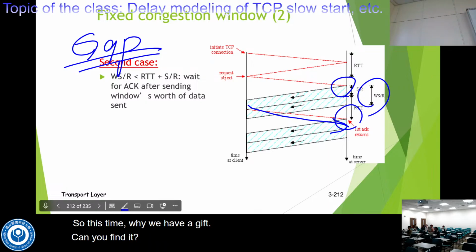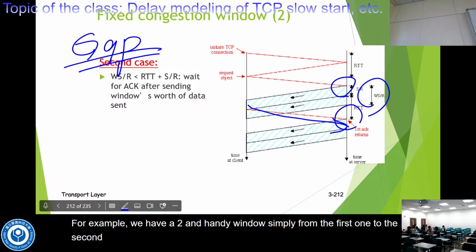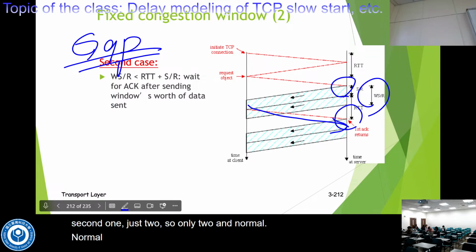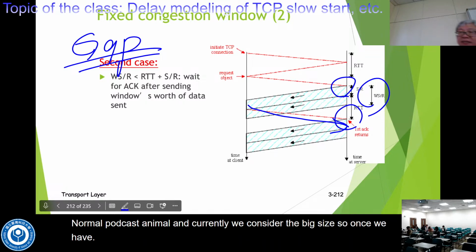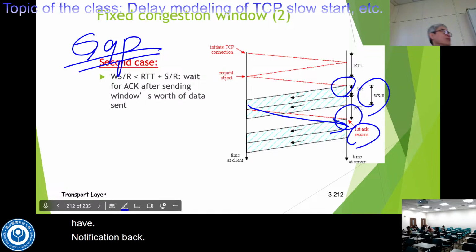For example, we have a window of 2, from the first one to the second one, just 2. So only 2 and no more packets. Currently we consider the fixed size. So once we have the notification back, up to now we don't have a segment to send.